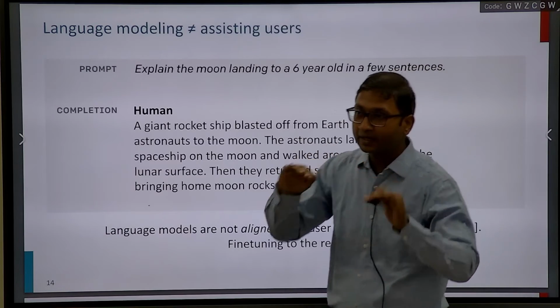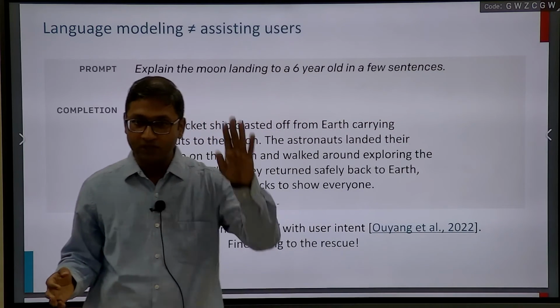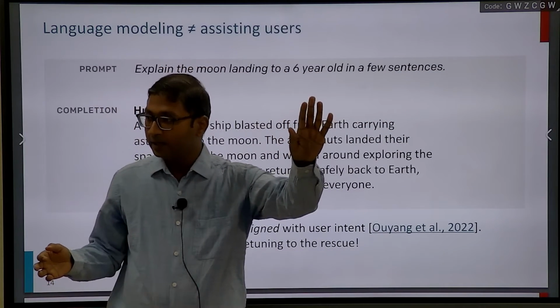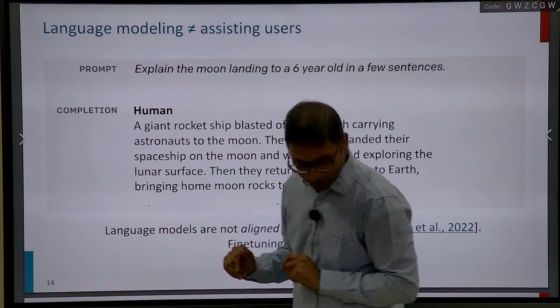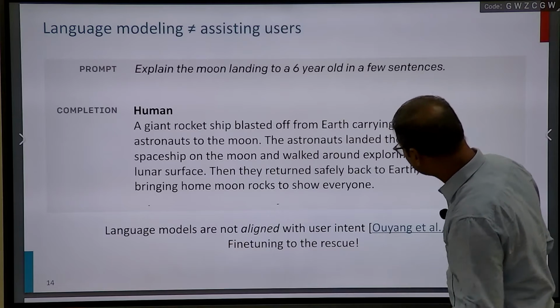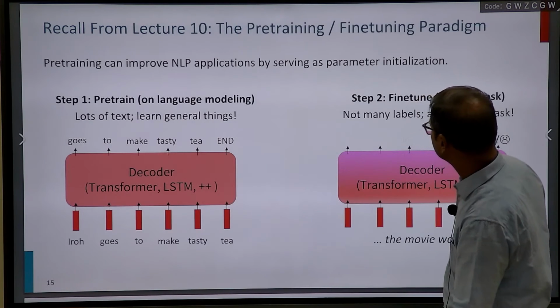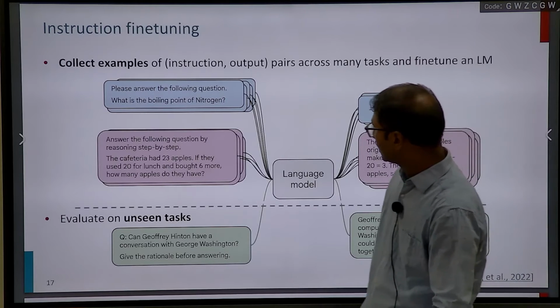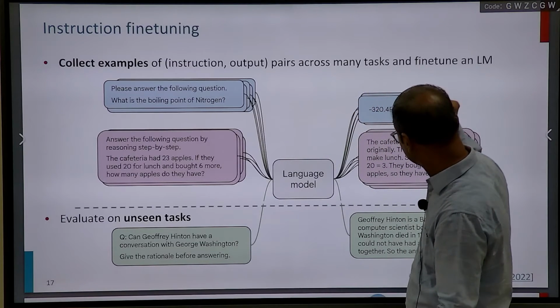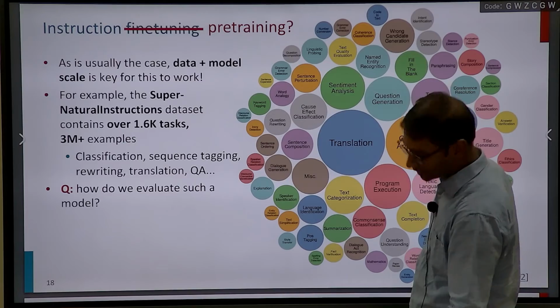So, there is a big gap between what GPT-3 does and how it can become actually helpful to human beings. This is where instruction fine tuning and RLHF come into the picture. Instruction fine tuning was this, but we had done this in one of the earlier lectures.